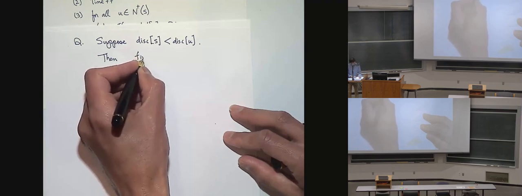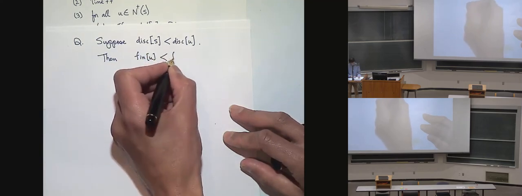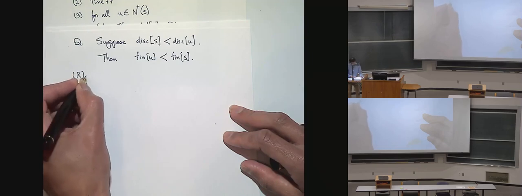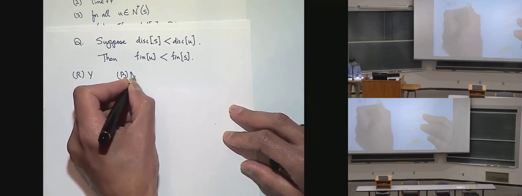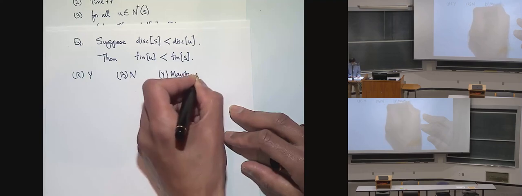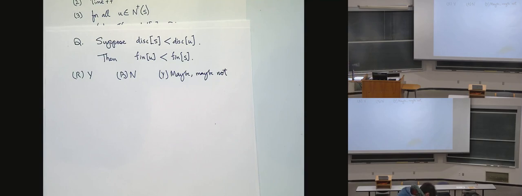Then the finish of U is less than the finish of S. Yes, no, maybe, maybe not. Right? So I said S was discovered before U was discovered. That means that U has to finish before S is going to finish.